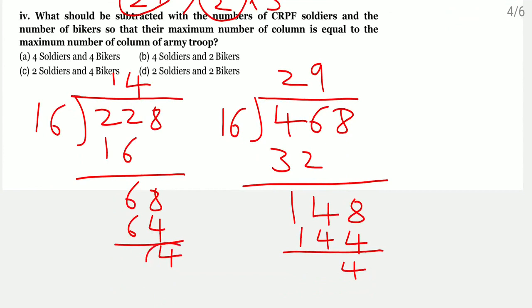See, this remainder 4 is there. If I subtract 4 from here, the number 224 will be exactly divisible by 16. And if I subtract 4 from this number, 464 is also exactly divisible by 16. It means we have to subtract 4 soldiers and 4 bikers. So our option A is the correct one.